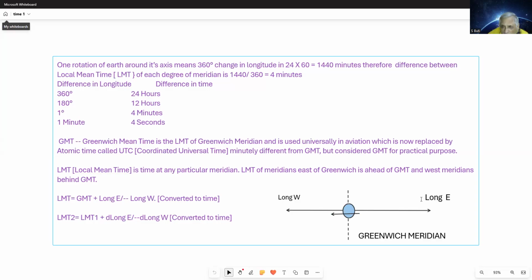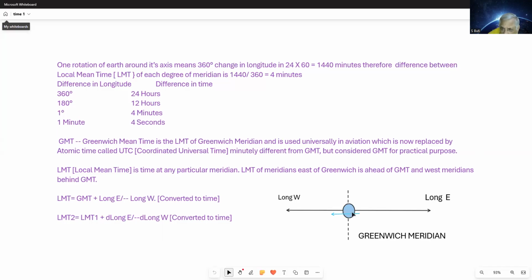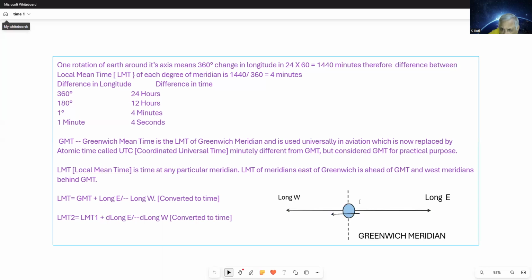If this longitude east is 40 degrees east, that means the sun was here 40 into 4, 160 minutes before. That means the time now is the time at the Greenwich meridian plus 160 minutes, that is 4 hours and 20 minutes. And that will be the LMT of longitude east.